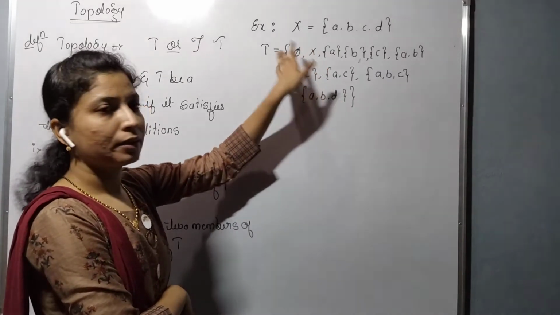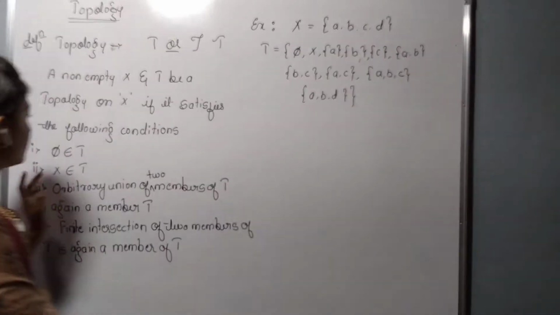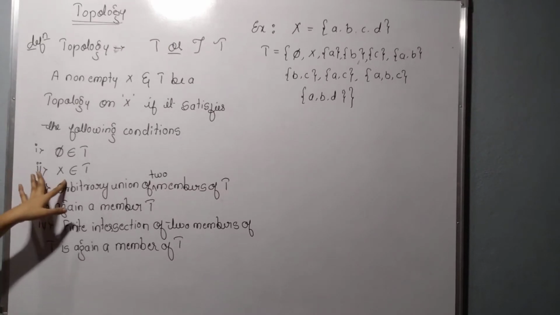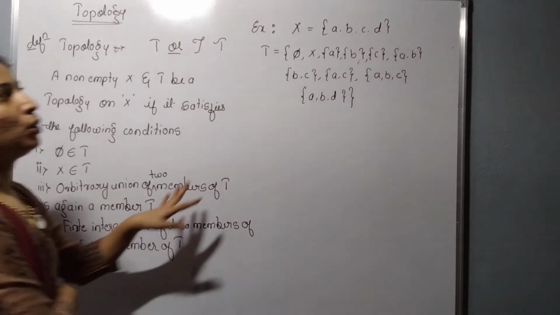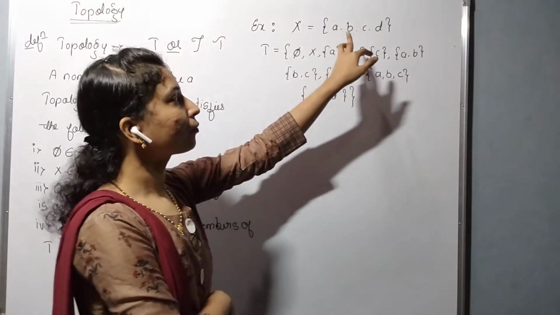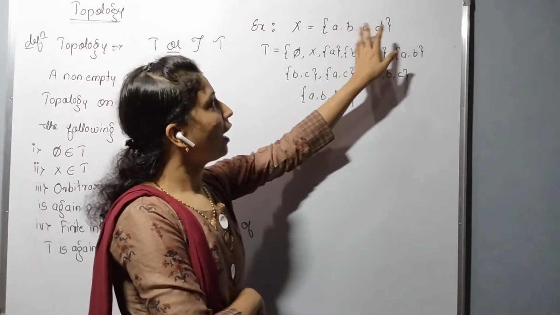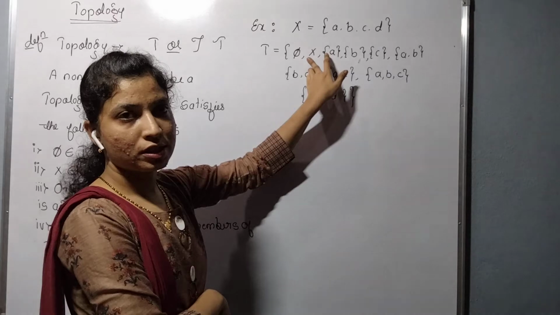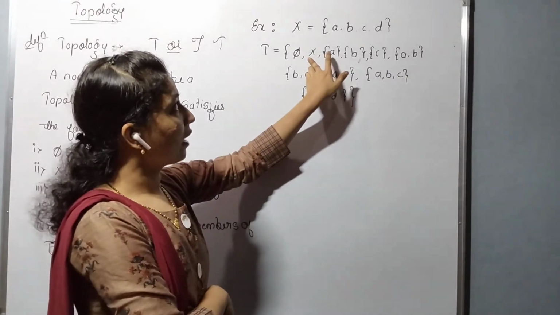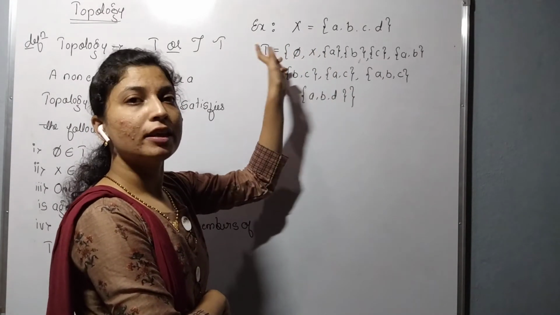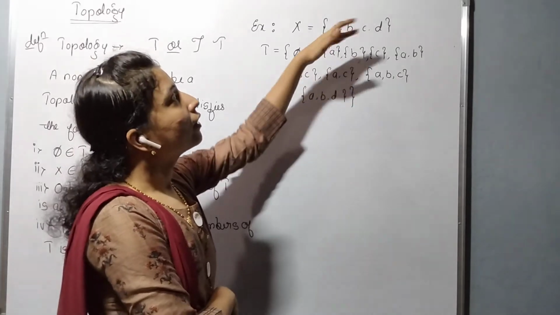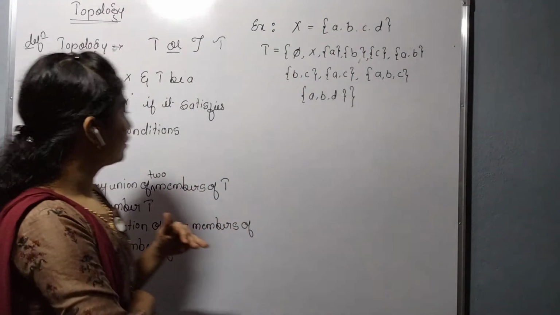So null set belongs to tau. It satisfies. The second condition is X belongs to tau. X can be defined as {A, B, C, D}, and already here we have X in the set tau. So second condition is also satisfied.